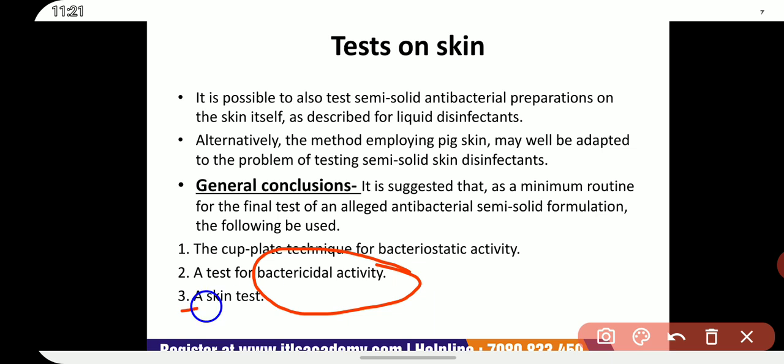And the third test is a skin test. For routine assessment of test formulations during development work, the cup plate and dish plate methods are adequate, and both of these methods we have also covered in our previous lectures.